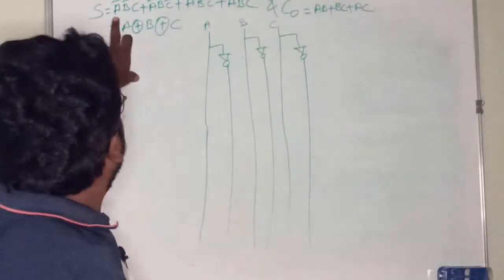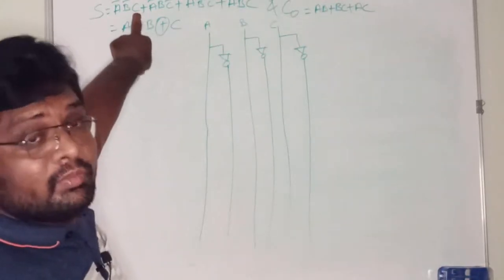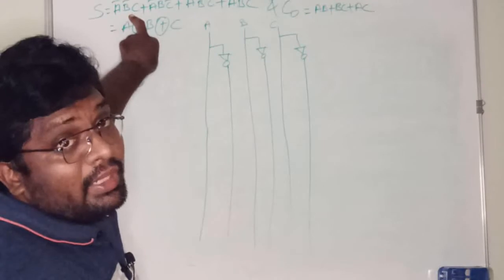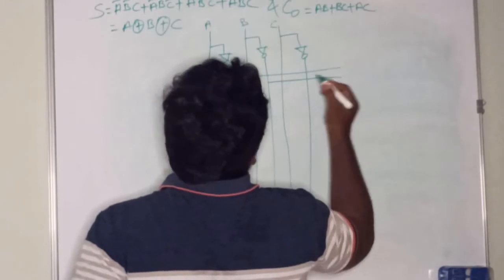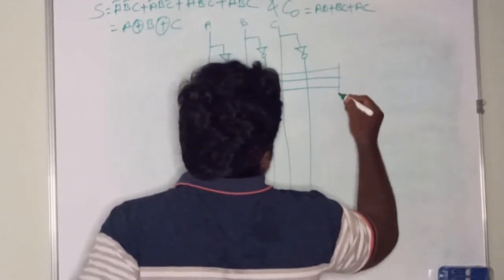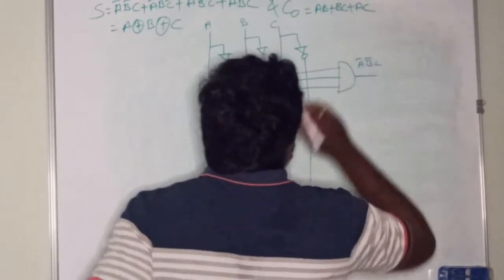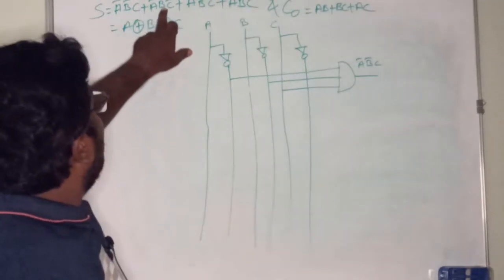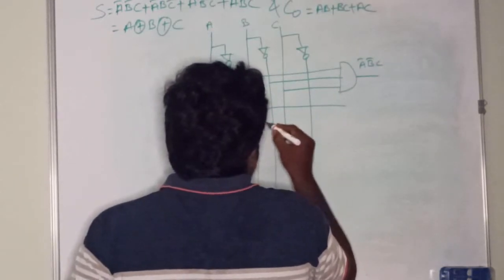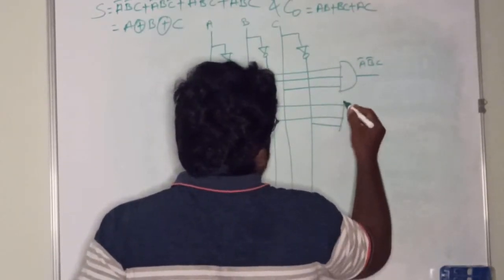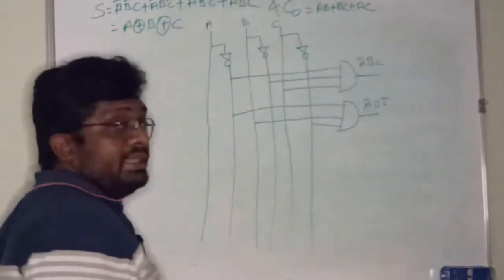So now S is equal to A complement, B complement, C, which is one product term, a prime implicant. So A complement, B complement, C forms one AND gate. Next one is A complement B, C complement, which forms one AND gate.